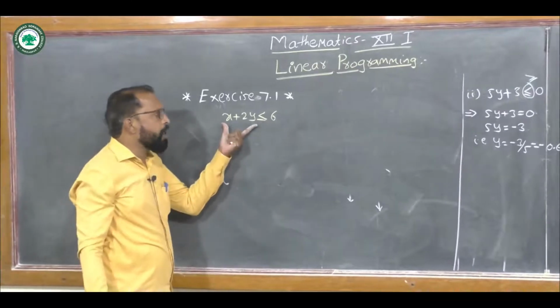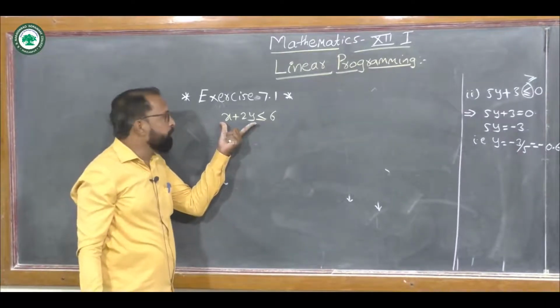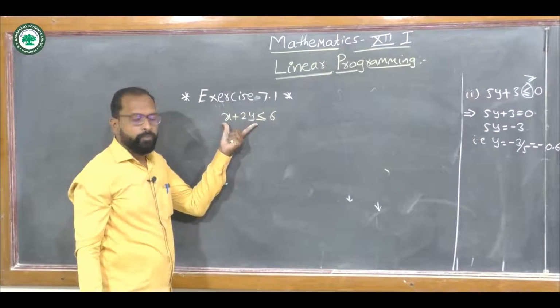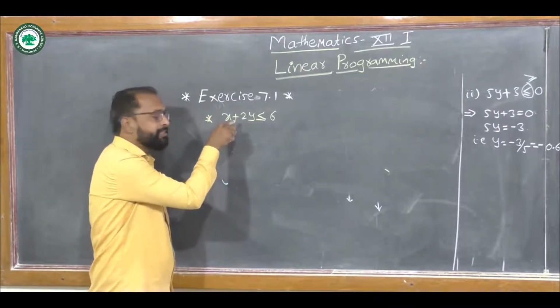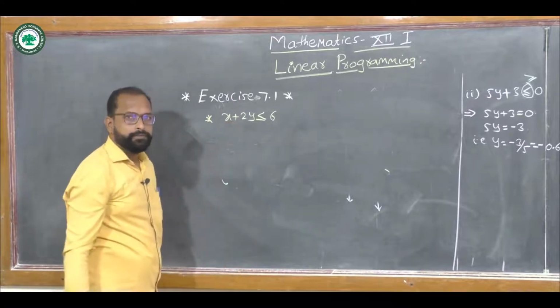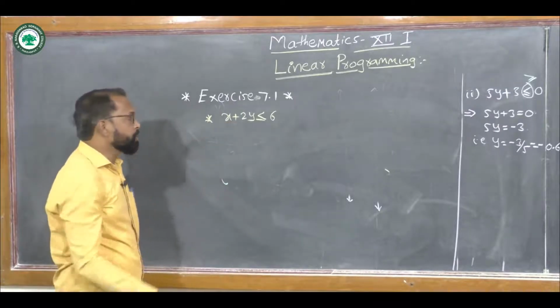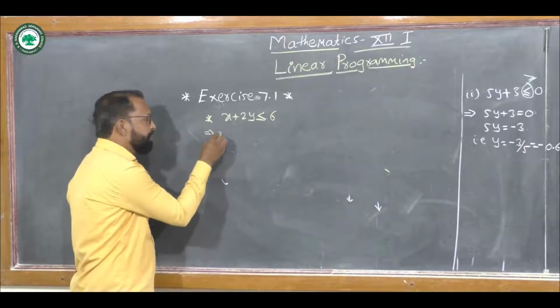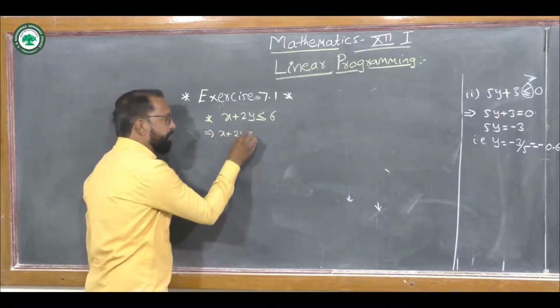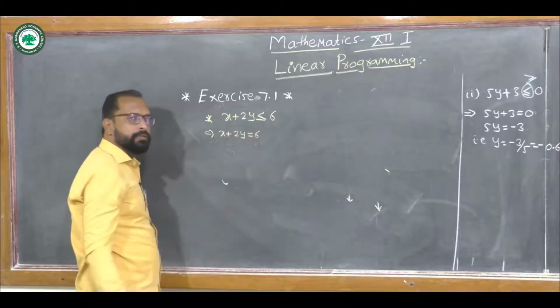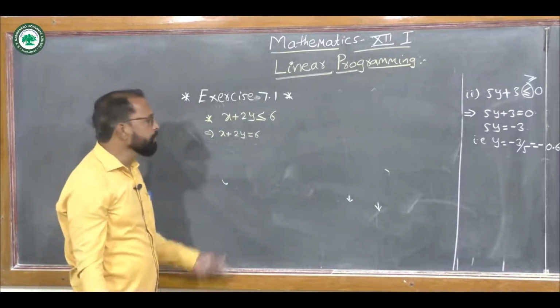Now we have to draw the graph for this inequality. To draw the graph, first we plot the line. So for plotting the line, we consider the equation x plus 2y equals 6.